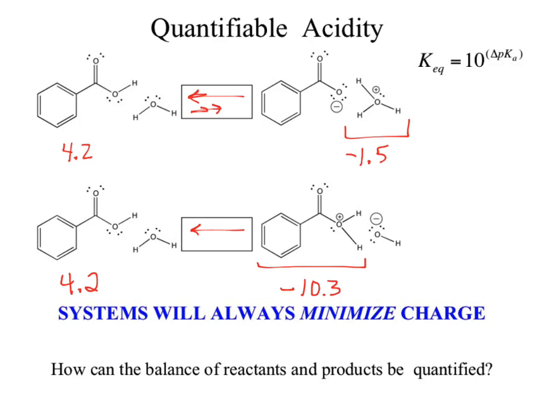So this one will go a half arrow, and this one will go like a little tiny little arrow. If we look, the difference between those is smaller for the top one than it is for the bottom. What does that mean? The top one is more likely to happen. I can use pKa's to quantify this.